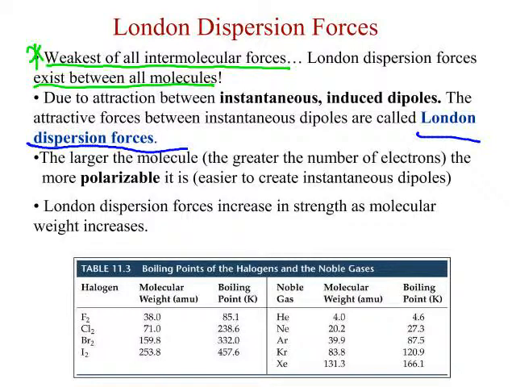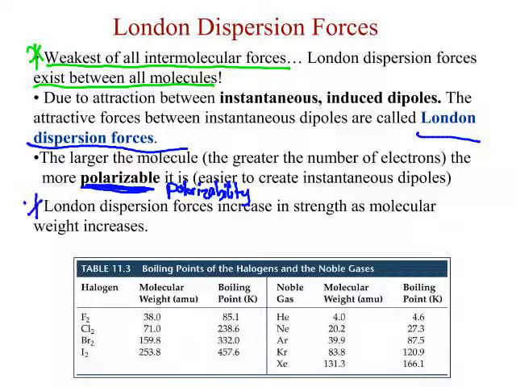We call this capacity to form instantaneous dipoles polarizability. The more polarizable something is, and the more electrons it has, the easier it is to create these instantaneous dipoles, and the stronger and more important this attraction is going to be.